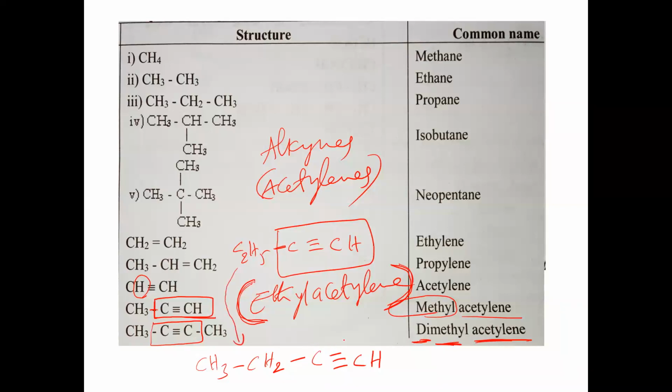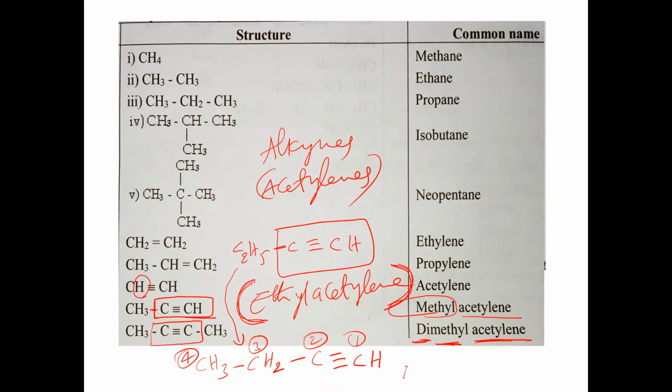Now tell me, how many carbons in total? It is the first carbon, the second carbon, the third carbon, the fourth carbon, right? Now after which carbon is the triple bond? After the first carbon, the triple bond is there. In total, how many carbon atoms? 4.